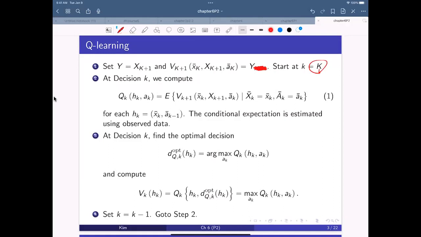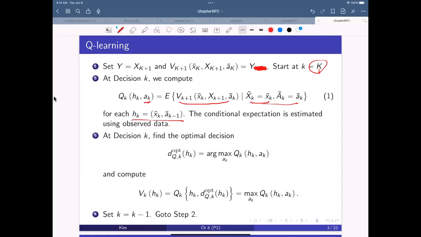And then basically at decision K, we compute the conditional expectation of the value function, given the current history and the decision that we want to choose, right?